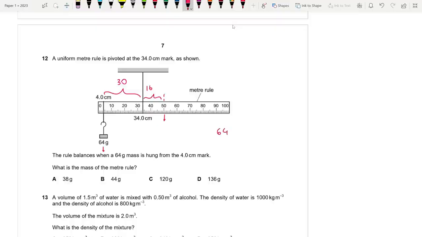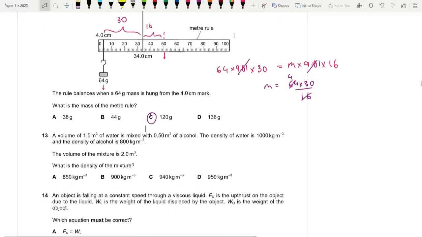So 64, I'm not converting it to kg because it's grams on both sides, into 9.81 into distance in centimeter is equal to the mass into g, which is 9.81, times 16 centimeters. If we do the working properly, we can get rid of this. M is equal to 64 into 30 by 16. 4 3s are 12, so it's 120. The answer is C.